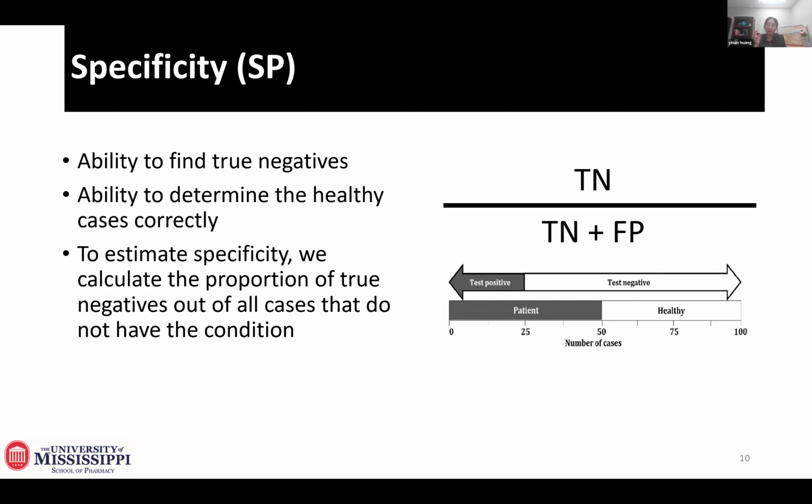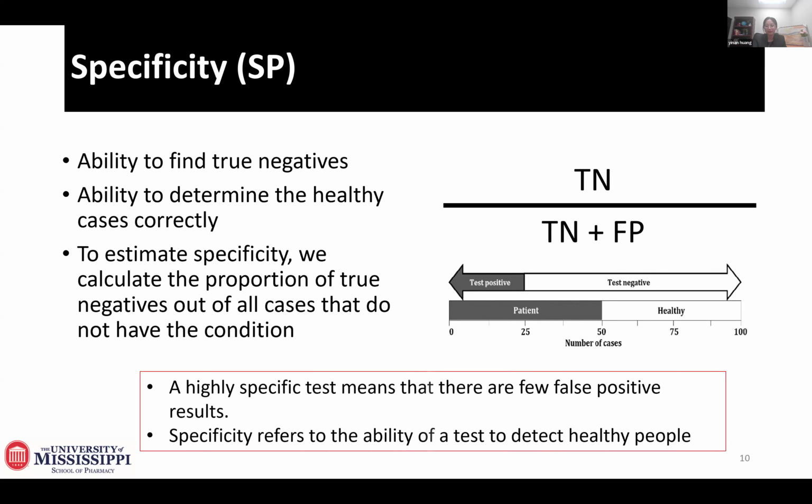It is defined as the proportion of true negative out of all cases of true negative plus false positive. The denominator is the population who are disease-free. Specificity means the ability of the test to detect the healthy population.